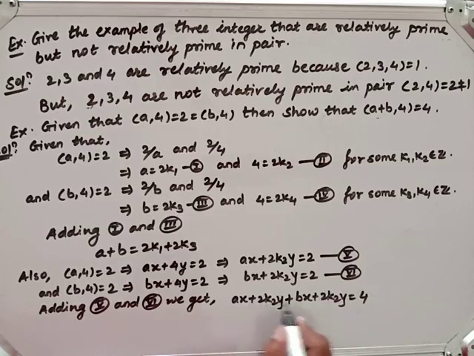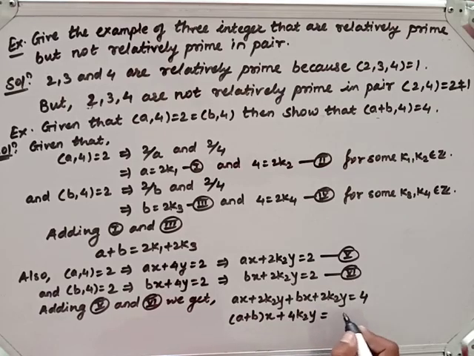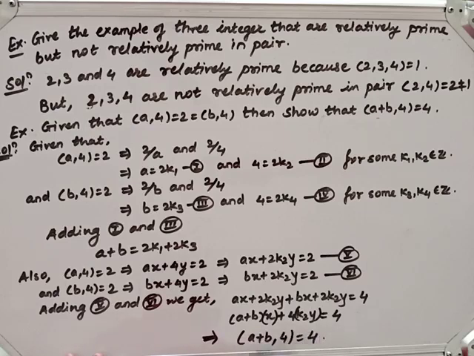So ax plus bx means a plus b into x, plus 2k2y plus 2k2y, which is 4k2y, is equal to 4. Here we have taken a linear combination of these two integers, and it is equal to 4. So this gives the GCD of a plus b and 4 is equal to 4, using the existence theorem.